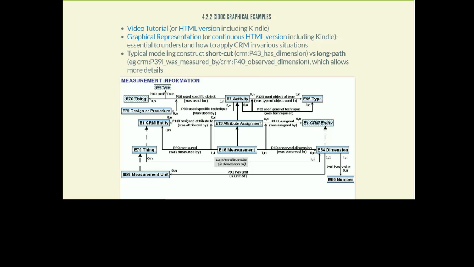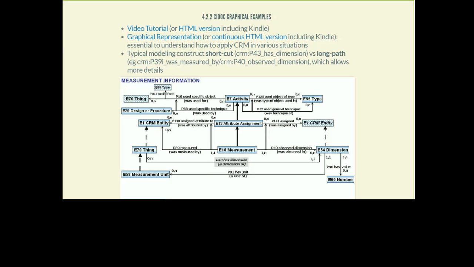Also, a fundamental concept is shortcut versus long path. Here we could say directly that the thing has this dimension, but we could also say that the thing, and this double arrow here is inheritance, so this property applies not only to the root E1 CRM entity, but also to every subclass thereof.